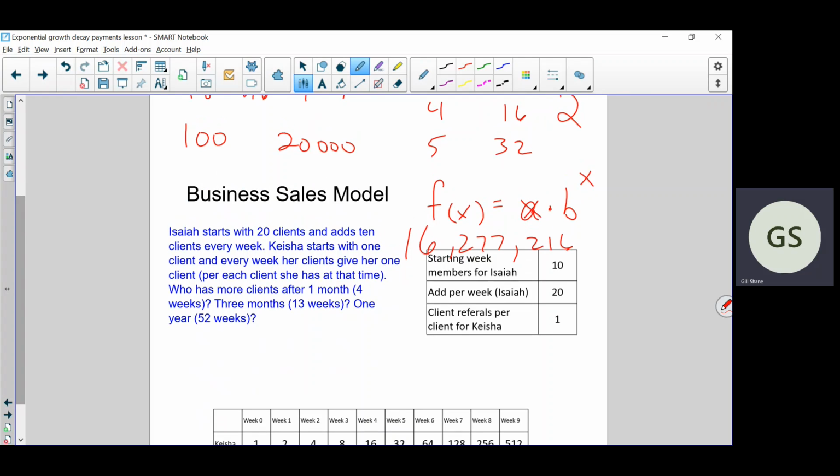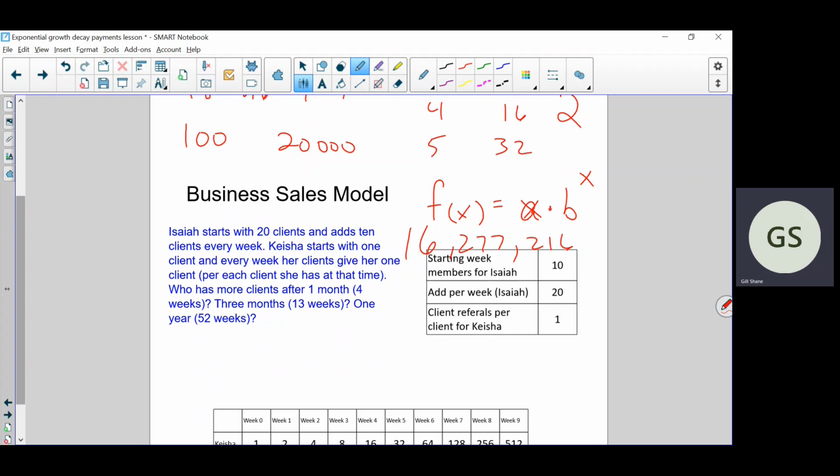You do want to work hard to get clients, obviously. This is what gyms do, by the way. If you've ever seen in a gym how they say, hey, if you bring us a client, we'll give you $5 off your membership this month, that's what they're doing. They're trying to do an exponential growth model.